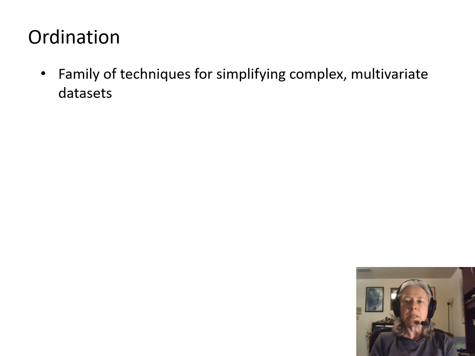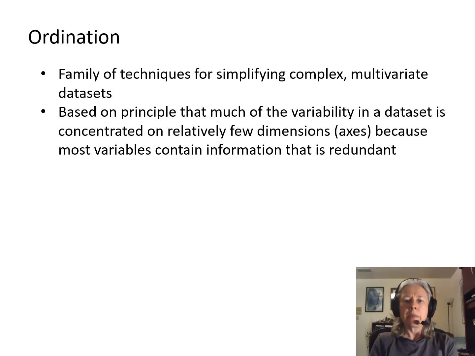So, ordination is a family of techniques that are used for simplifying complex multivariate data sets. It's based on the principle that much of the variability in a data set is concentrated on relatively few dimensions or axes that exist because most variables are redundant to each other.